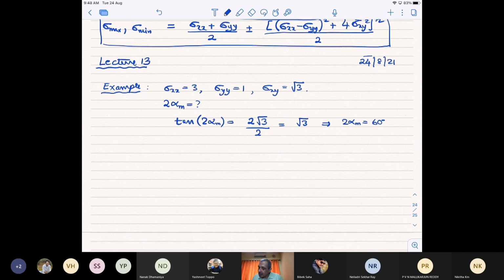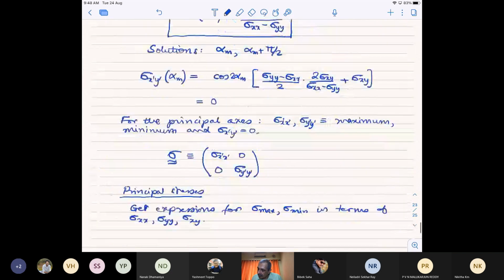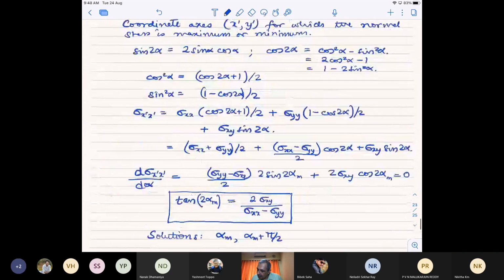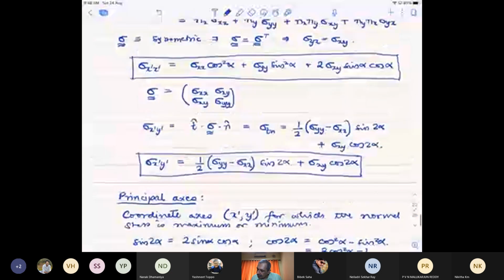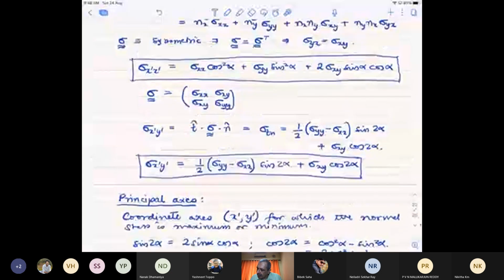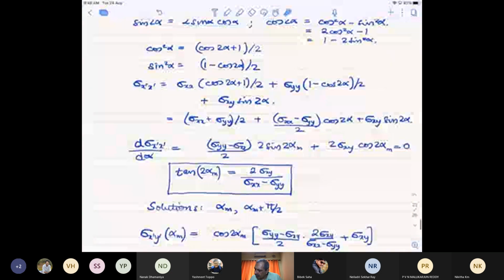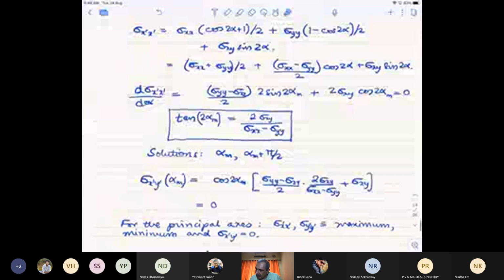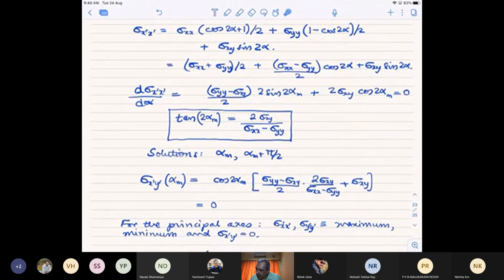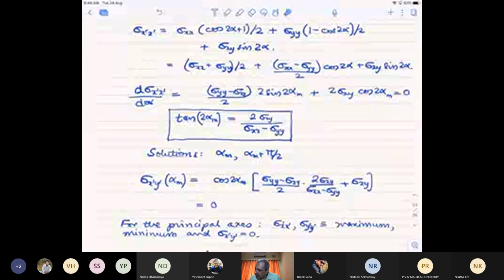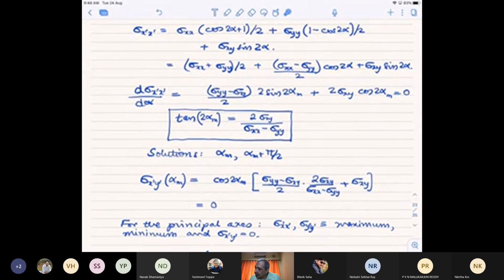Now let's go to this formula. I'm sorry. We will go to this formula. That sigma x prime is this, and then into cos 2 alpha, and this into sin 2 alpha.